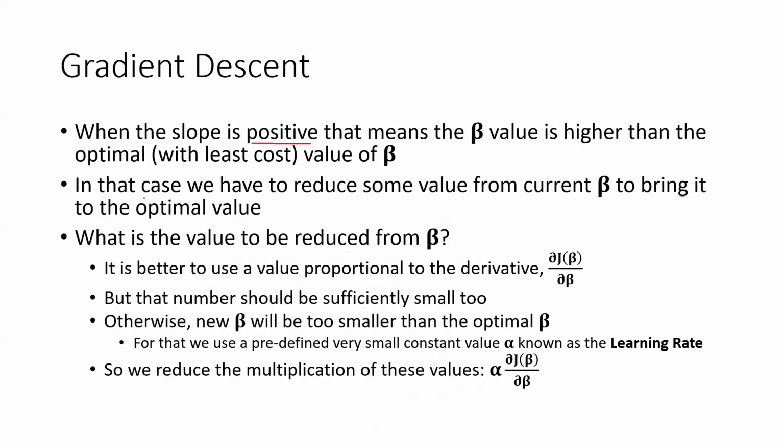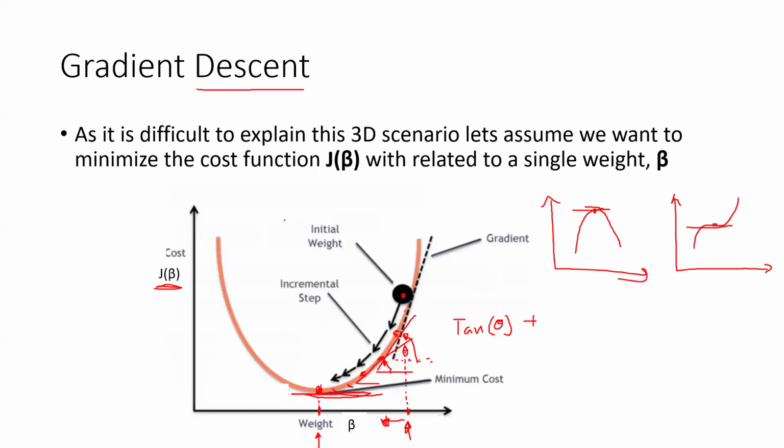In that case, we have to reduce some value from the current beta to bring it to the optimum value. So we have to reduce some value from here to here to bring it closer to the optimum value, right?